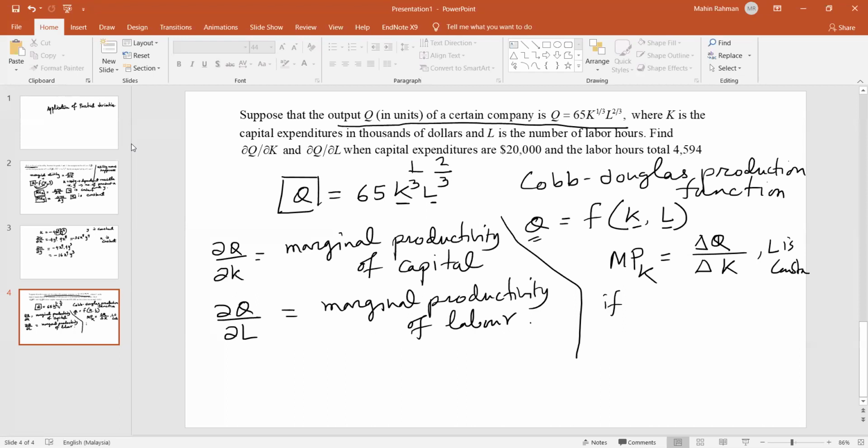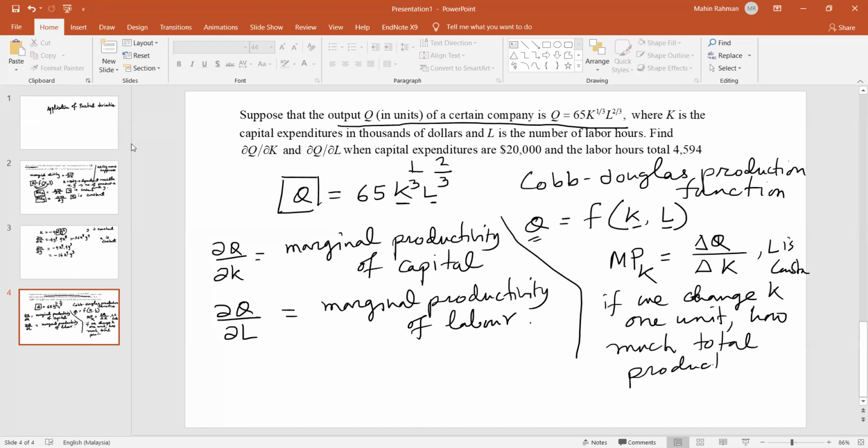This means that if we change K 1 unit, then how much total production is changed, holding L as constant. Like you don't change L or labor, but you change capital 1 unit, then how much change in the total production? That is called marginal productivity of capital.